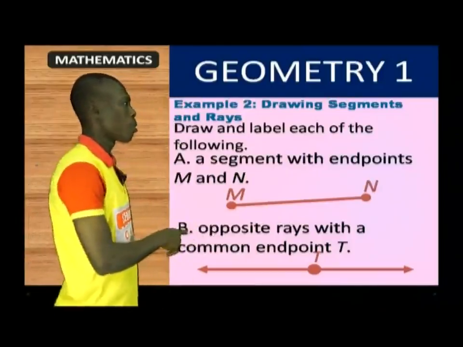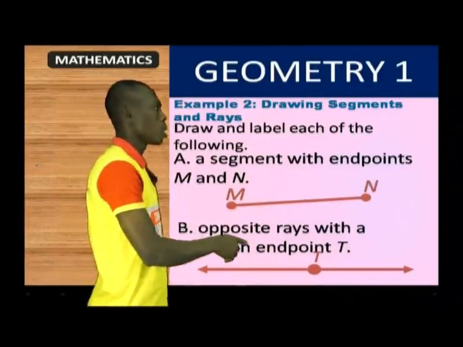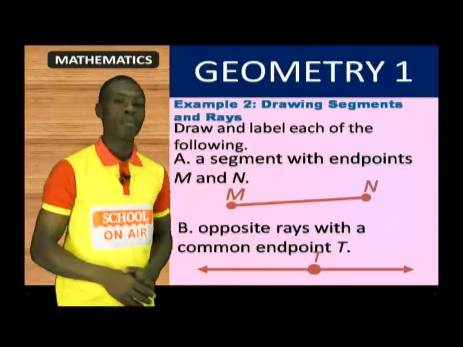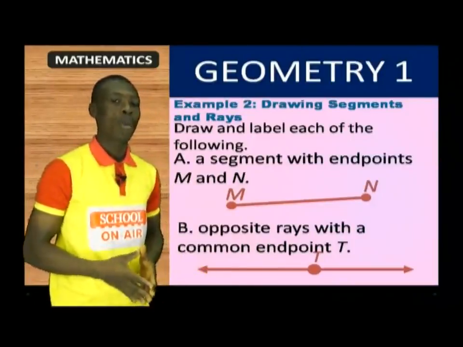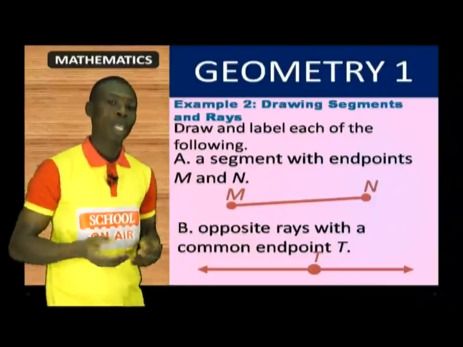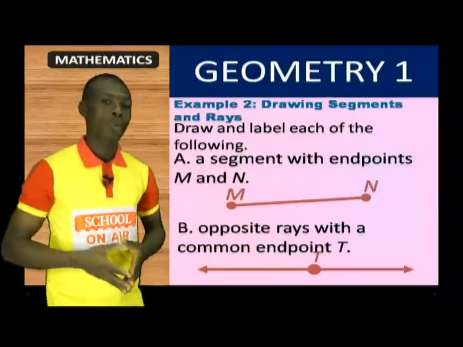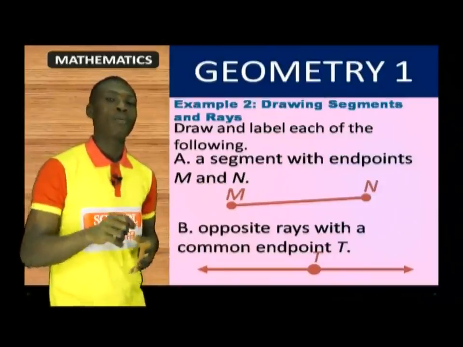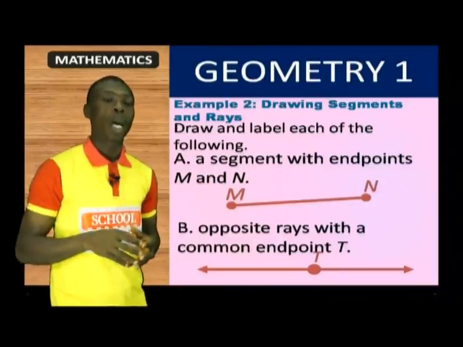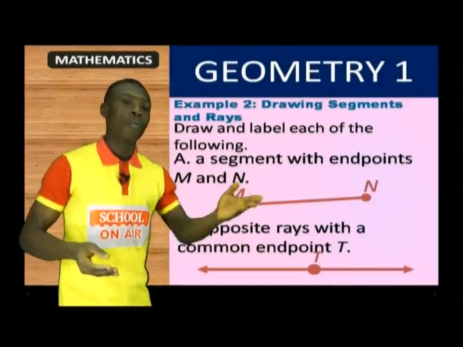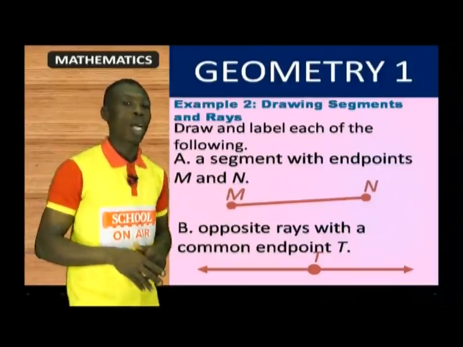And then B, we are required to draw and label opposite rays with a common endpoint T. I told us previously that opposite rays always have a common endpoint and go in opposite directions. So you make the common point, then draw a ray going in one direction, and draw another ray from that point going in the other direction.